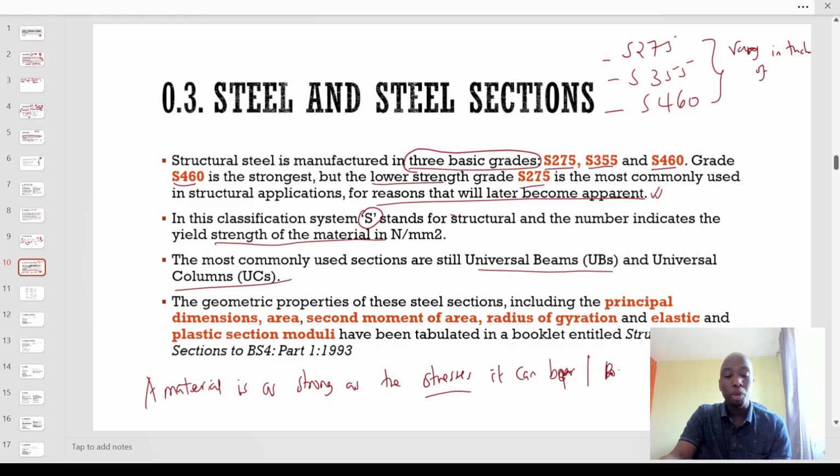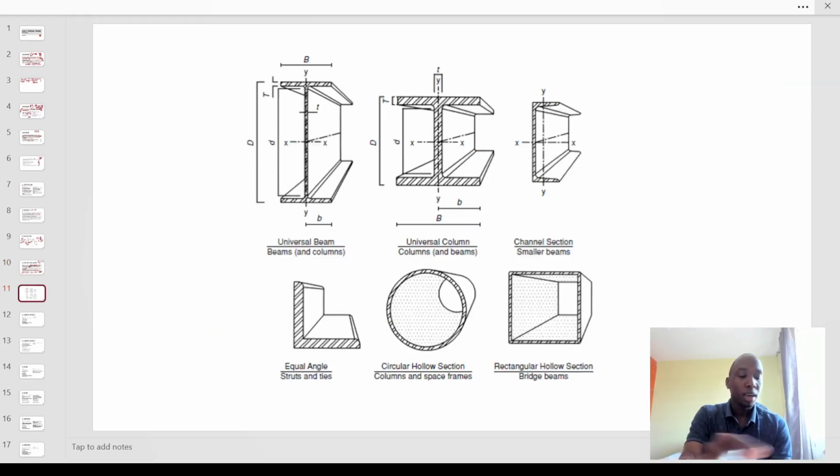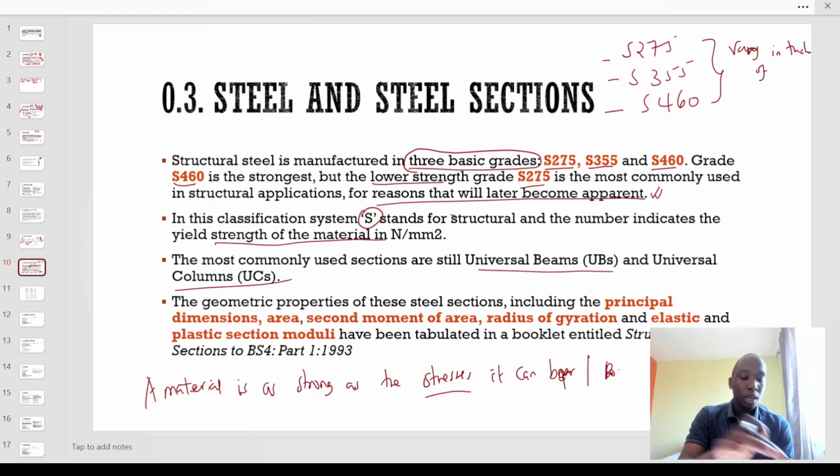Some of the physical properties that we will see here in a few moments are the principal dimensions, area, second moment of area. All these things I know we calculated in properties of sections.